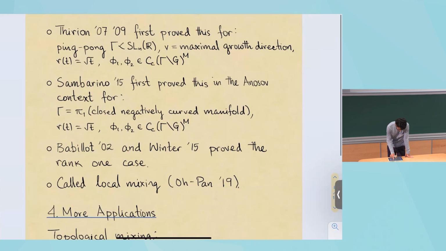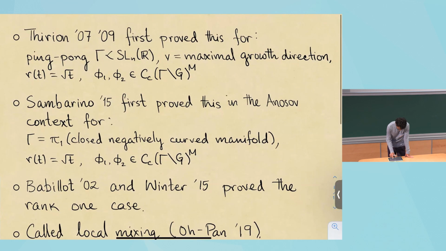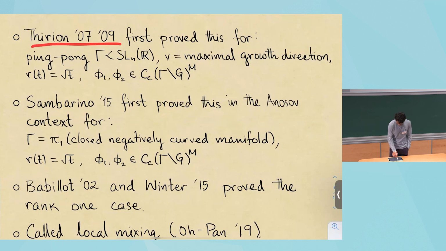Okay, so we didn't get this out of thin air. There are many important works before this. The first one I want to mention is Thirion. He first proved this for not just Schottky groups, but ping pong groups, by which I mean you allow cusps.